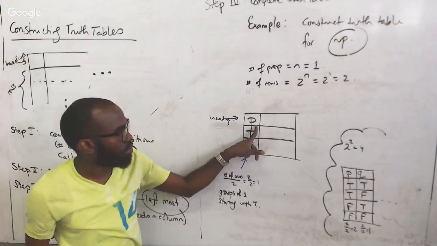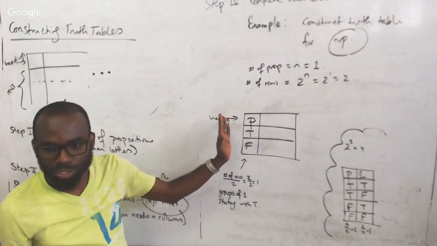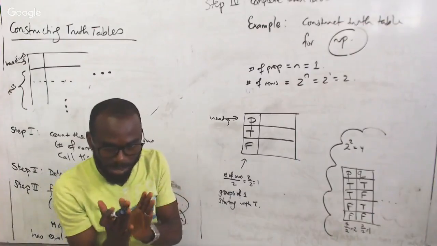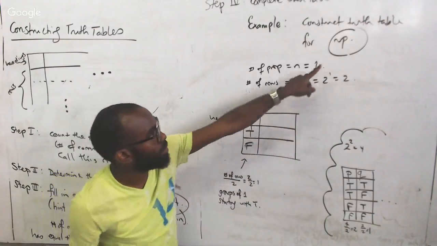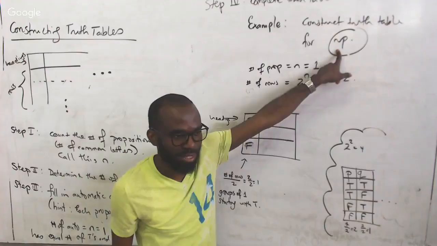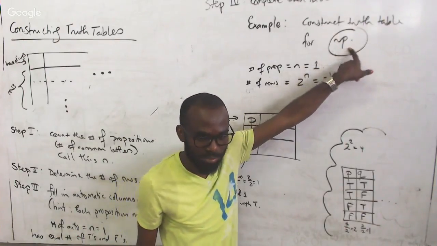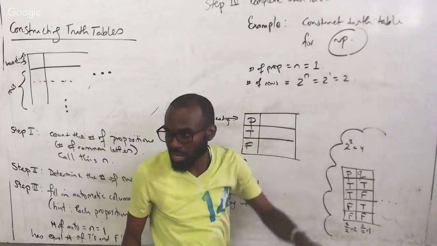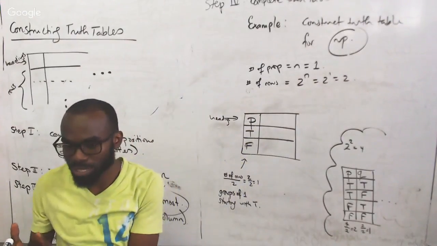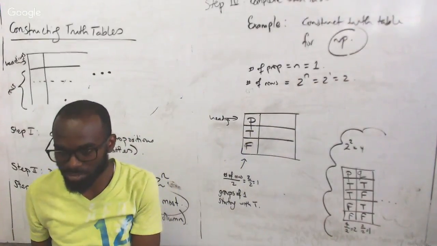Now, in this case, what we're trying to do is to build piece by piece until we reach what we are trying to get. Because we're constructing a truth table for squiggly P, it means that in the end, a column must have squiggly P, right?